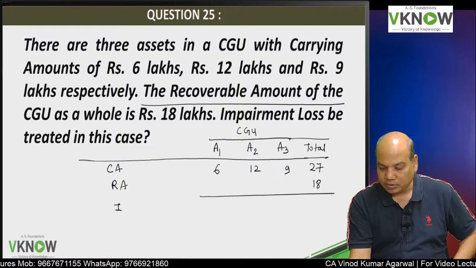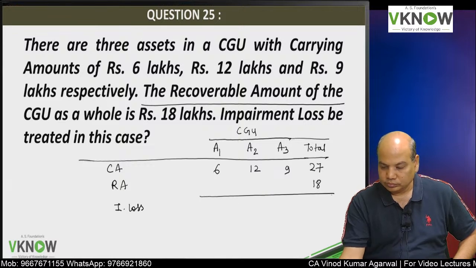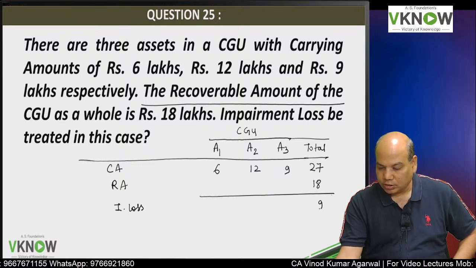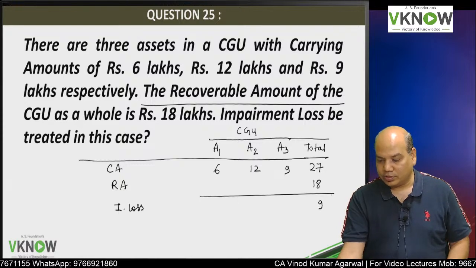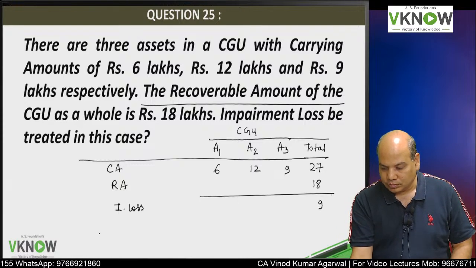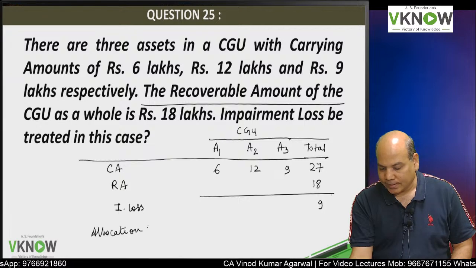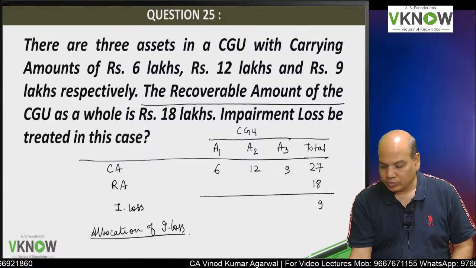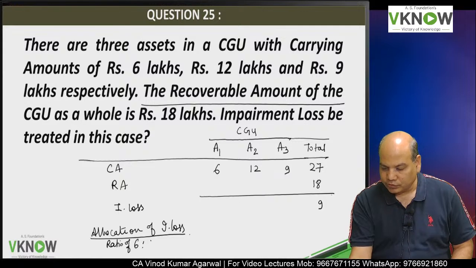So what is the impairment loss? 9. Impairment loss is 9. Okay. Allocation of impairment loss. So you will allocate in the ratio of 6:12:9.